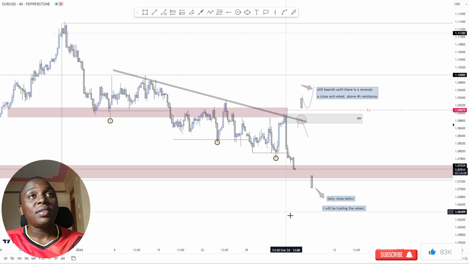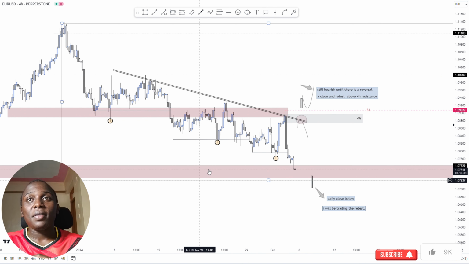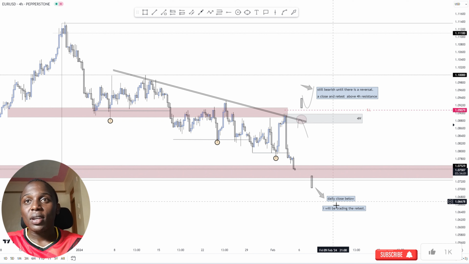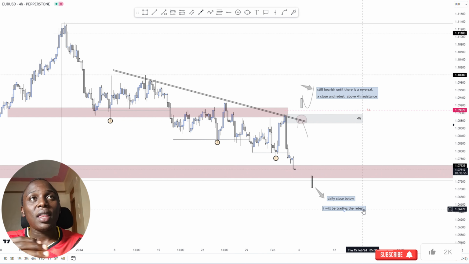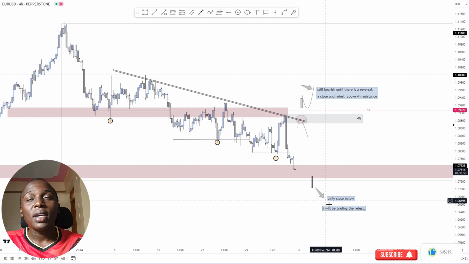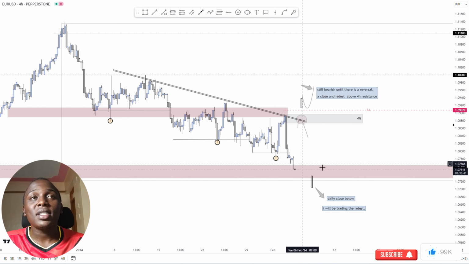So in the 4-hour time frame, if a daily candle closes below this zone right here, I will be trading the retest. That is because the trend broke in the direction of the trend. So I can either wait for a retest to manifest, or I can just go ahead, and if I see a rejection of the point of interest, which is the resistance, I can take a trade.